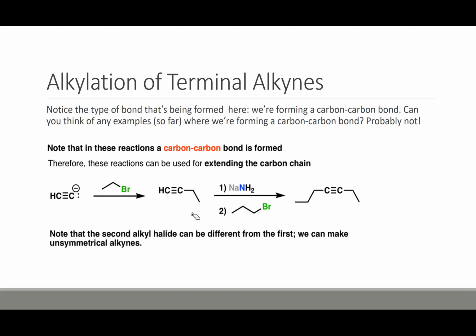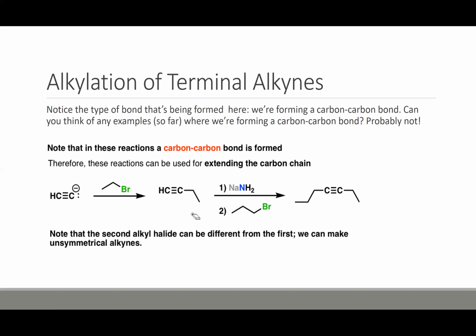So the reason this is special, the reason we're talking about this a lot, is because notice the type of bond that is formed. We're forming a carbon-carbon bond. And so far, we have actually not shown any examples of making a carbon-carbon bond, so extending a carbon chain.